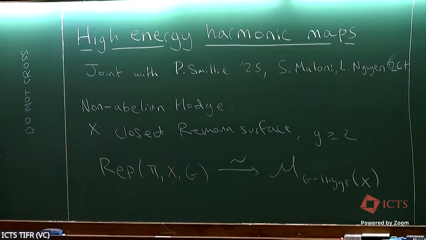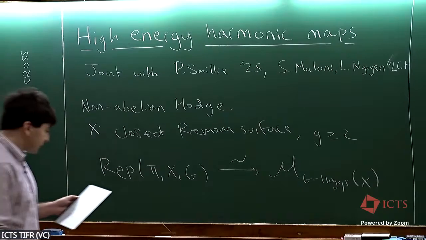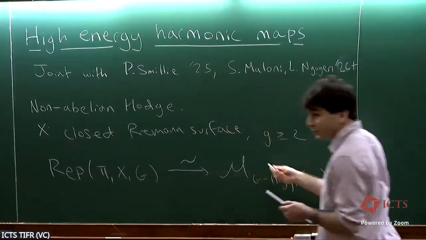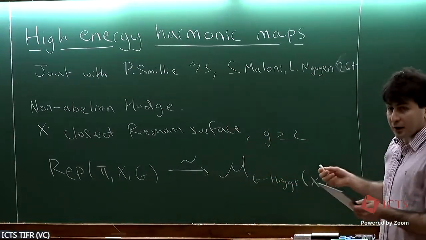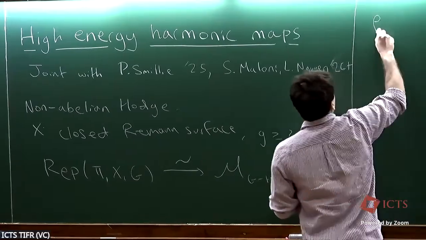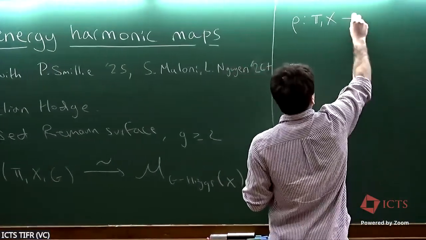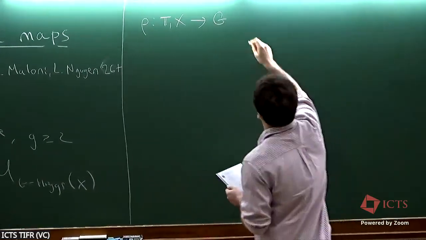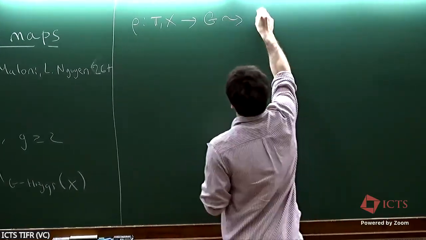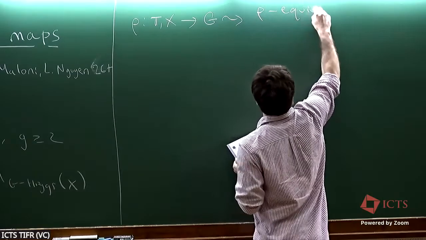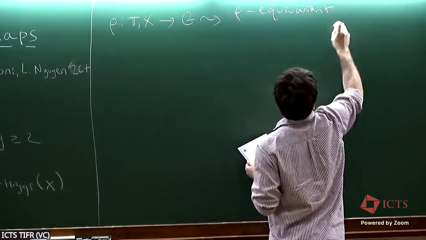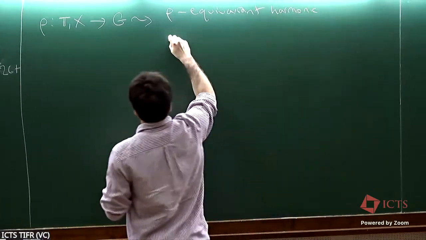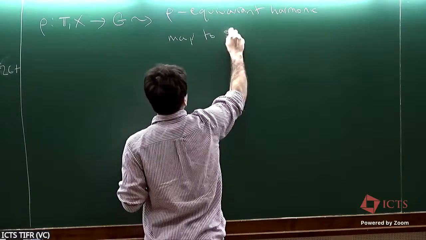Okay, so we've discussed this a number of times already in the conference, but I thought it'd be nice to review how to go from this side to this side, at least some of the perspective I'll be interested in. So you start with an irreducible or reductive representation rho from pi 1 X to G, and then a theorem of Donaldson and Corlette allows you to produce a rho-equivariant harmonic map to the symmetric space.